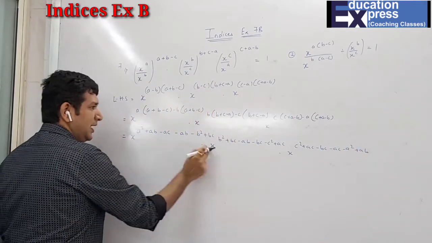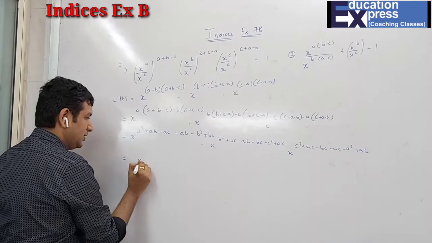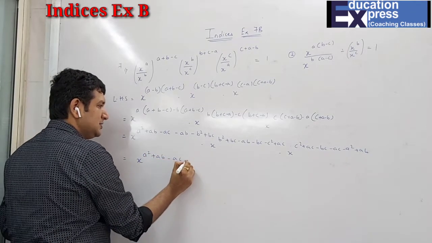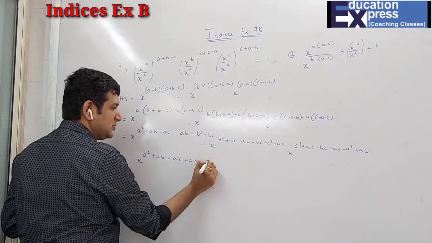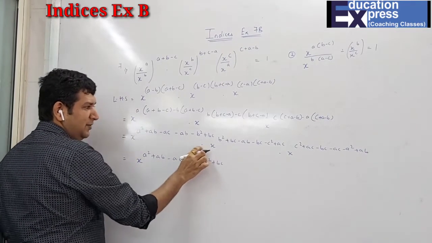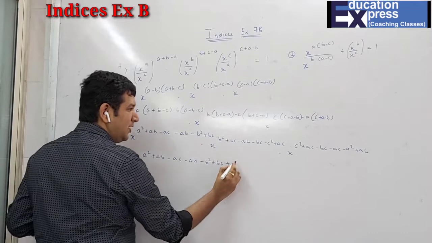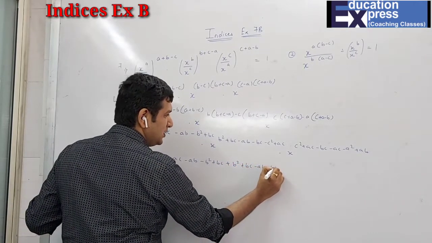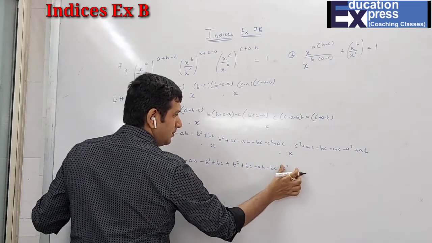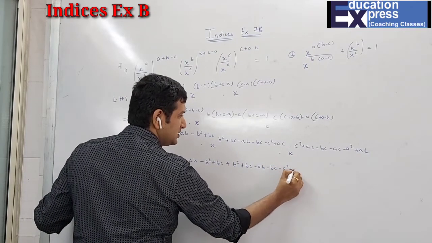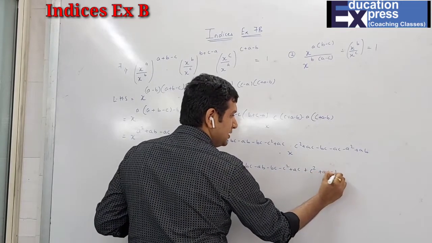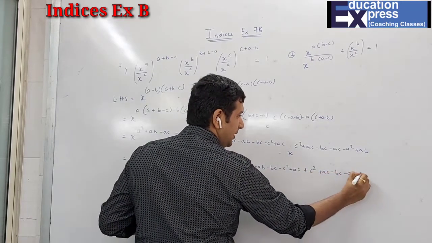So bases are again the same. If the bases are same and the dot means multiplication, that means you have to add the powers. So plus B square plus BC minus AB minus BC minus C square plus AC plus C square plus AC minus BC minus A square plus AB.